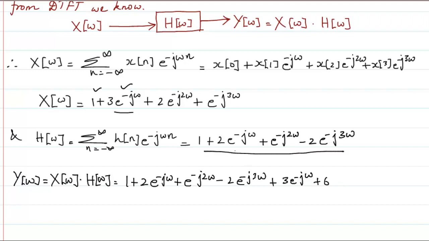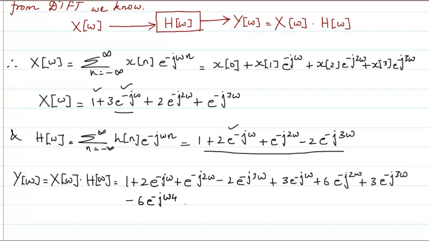So the second one is 3 into 2, 6 e raised to power minus j twice omega, plus the next one is 3 e raised to power minus j 3 omega, and the next one is minus 6 e raised to power minus j 4 omega.